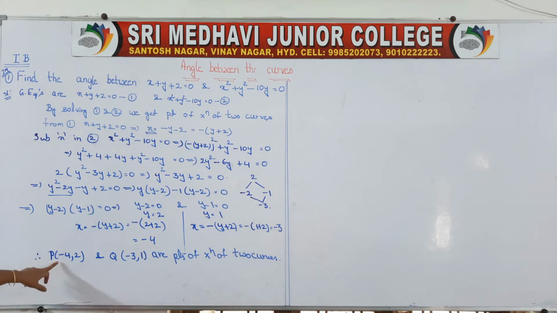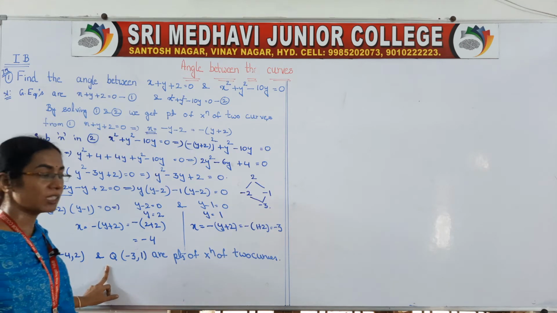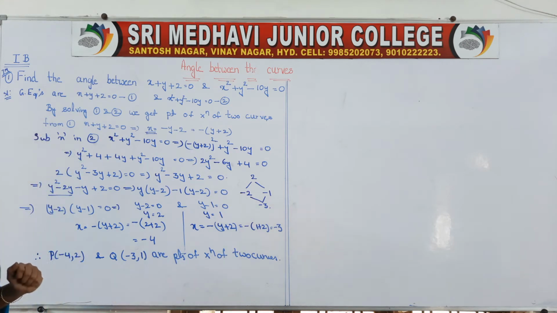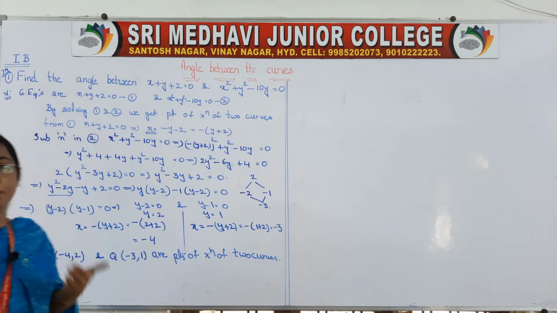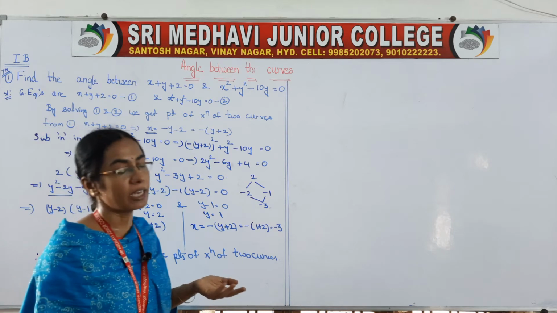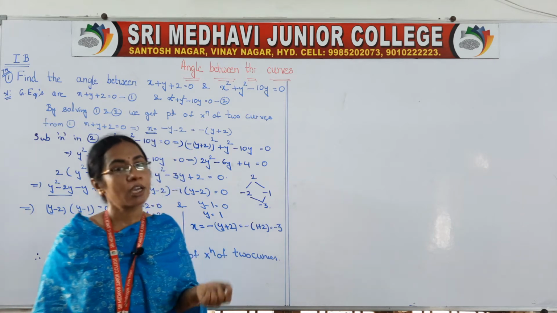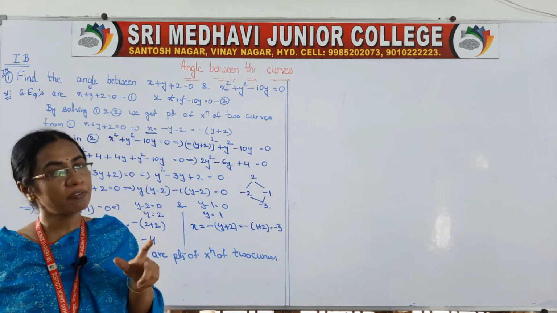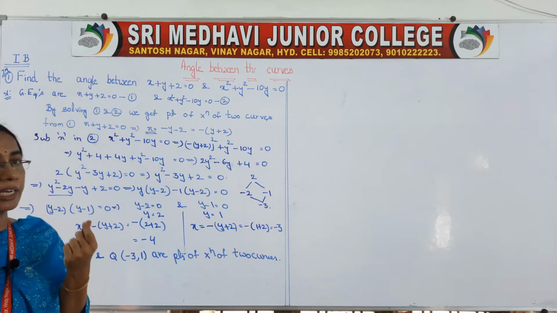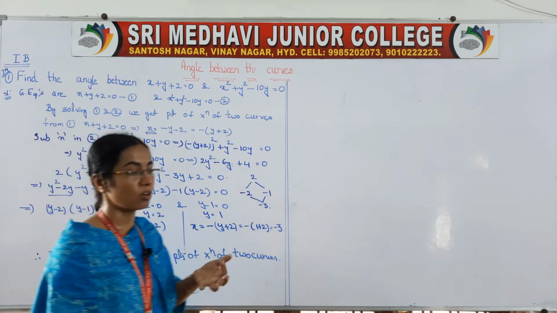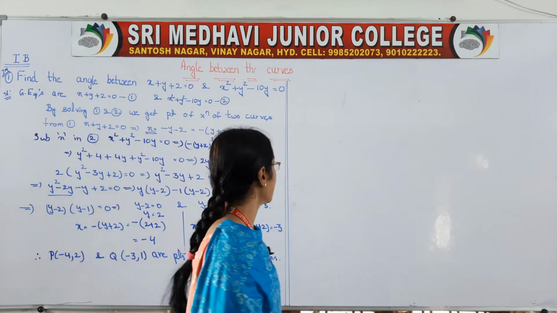Okay, we got two curves, point of intersection. So the curves are intersecting at P as well as at Q. Okay, so first we have to find the angle at P, then we have to find the angle at Q. For that we need the derivative of the first curve, right? That is dy by dx of the first curve and dy by dx of the second curve.